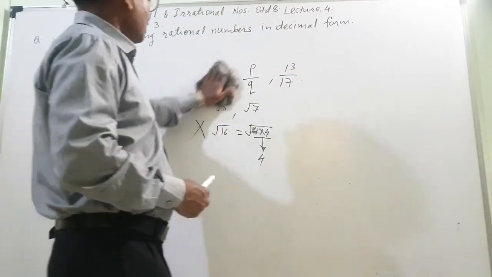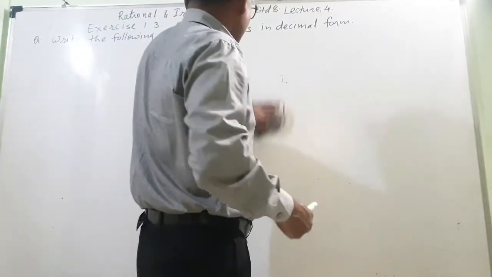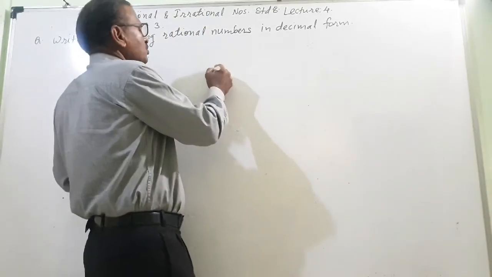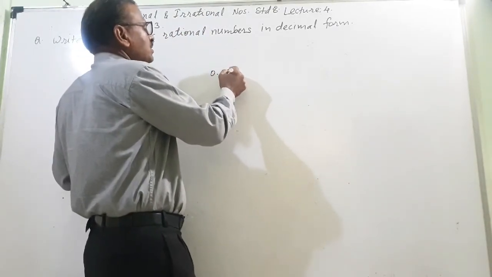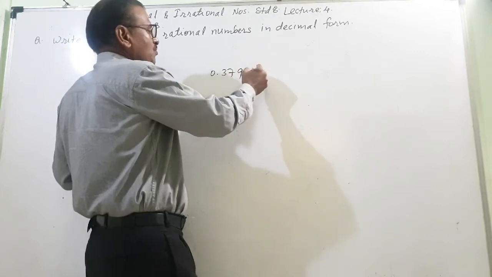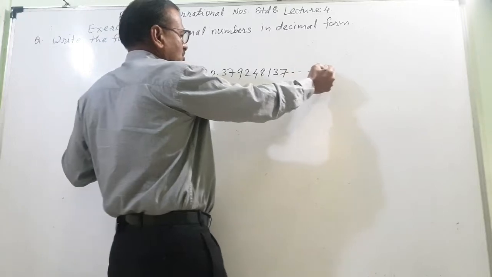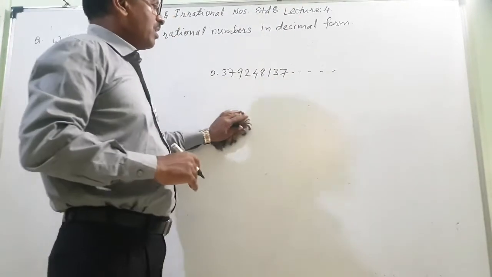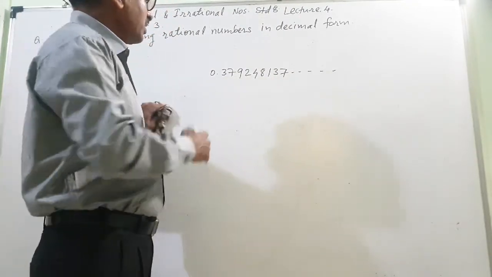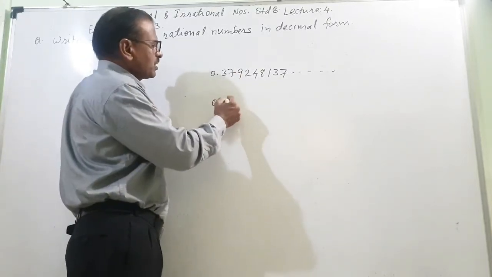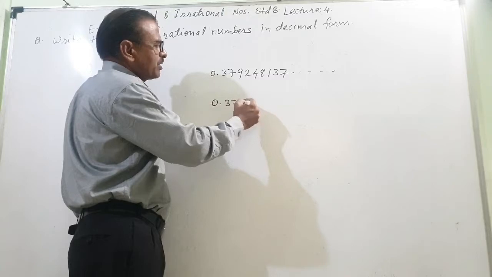Okay. Now regarding irrational numbers, once again I will talk something. Suppose 0.3792481337 and so on, it is coming. It is not recurring. Recurring means what? Suppose it is 3792.